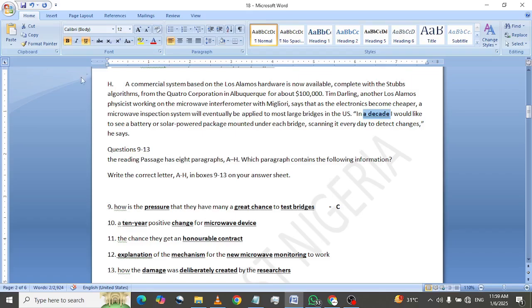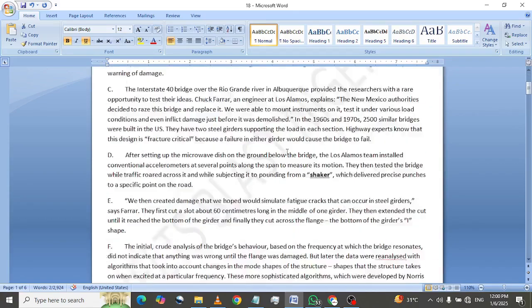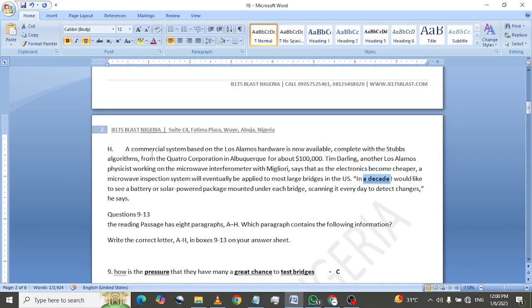Don't forget, the whole of this paragraph is talking about keeping a watchful eye on the bridge. So let's go through this. A commercial system based on the Los Alamos hardware is now available, complete with the Storm algorithm from the Quantro Corporation in Albuquerque, for about $100,000.